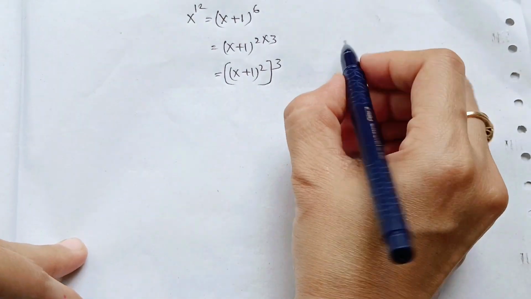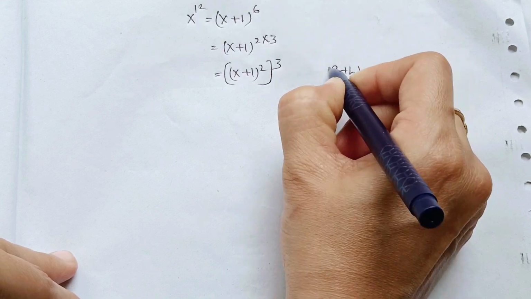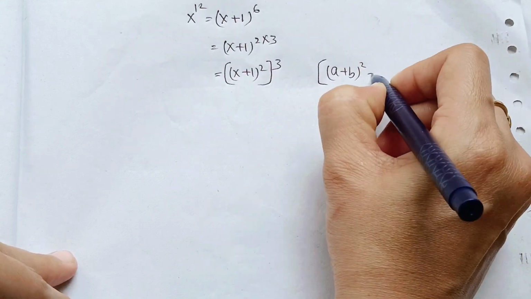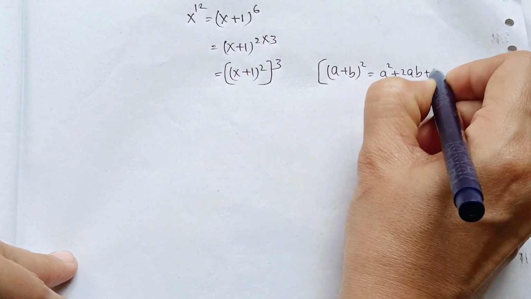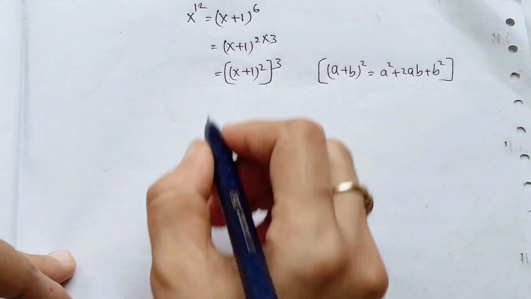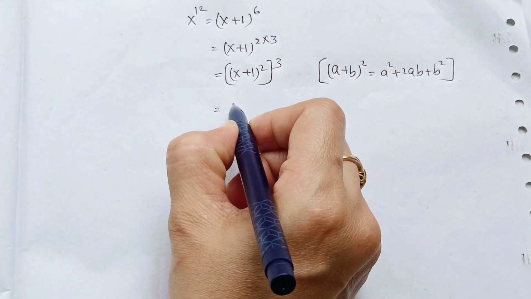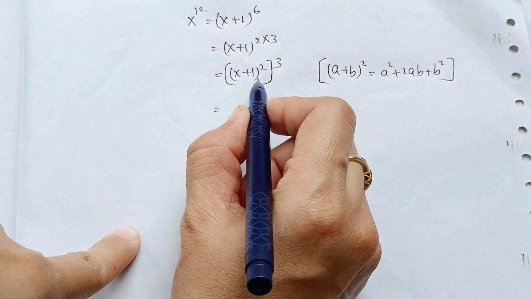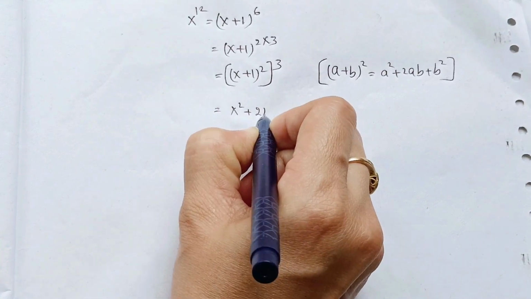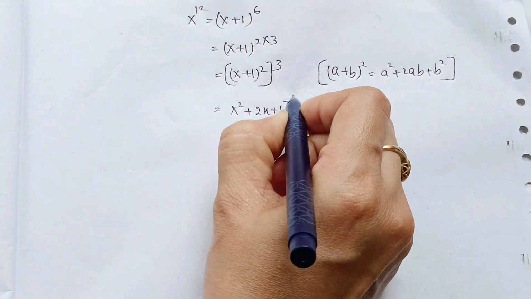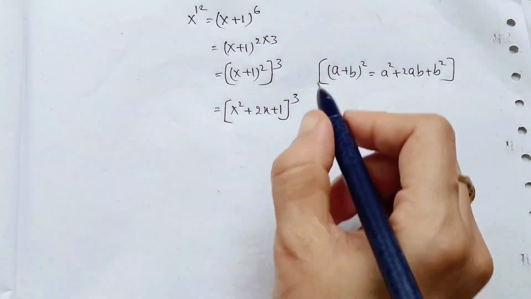This is in the form of (a plus b) whole square. We know the formula: a square plus 2ab plus b square. In the place of a I have x, in the place of b I have 1, so we get (x square plus 2x plus 1) whole cube.